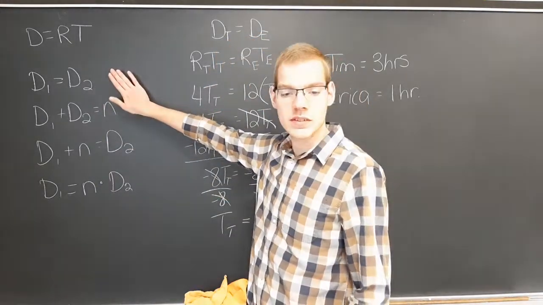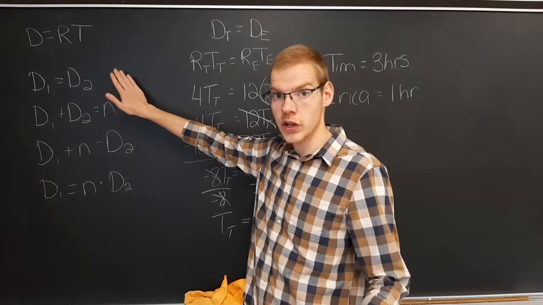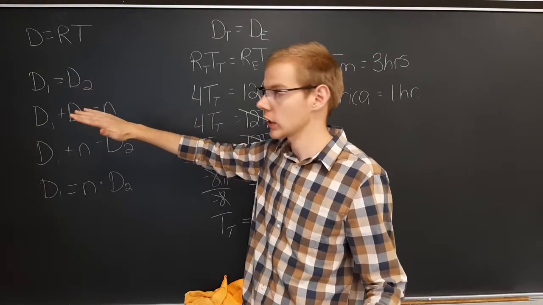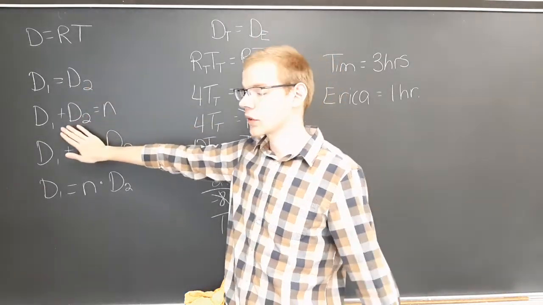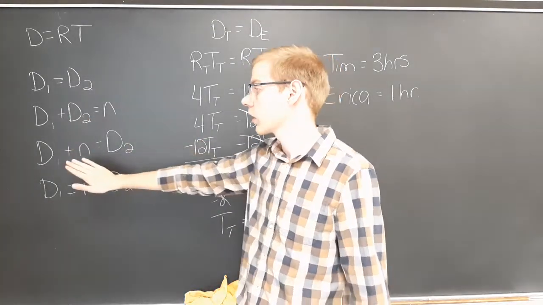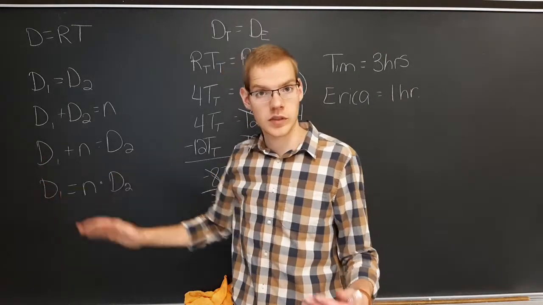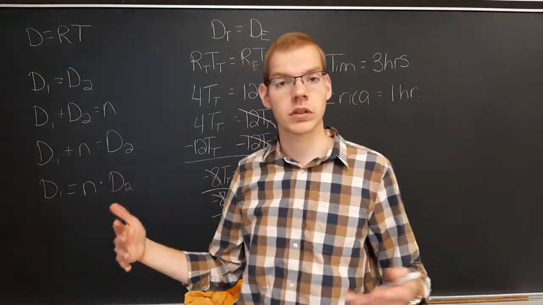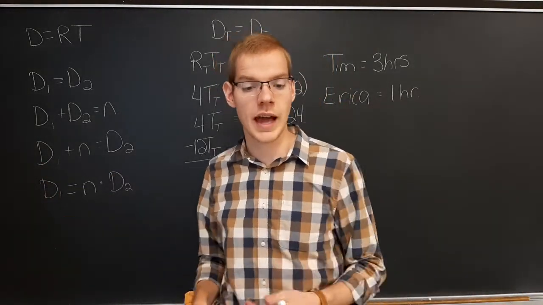Are the two distances equal? Do they equal each other? No, not necessarily. Do both distances added together equal 10? No. Does one distance plus a number equal the other distance? Yes, they have that in here.